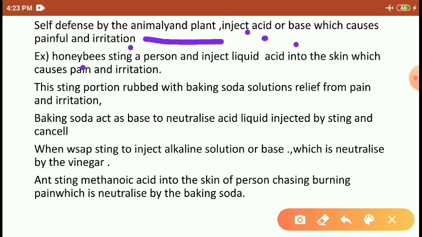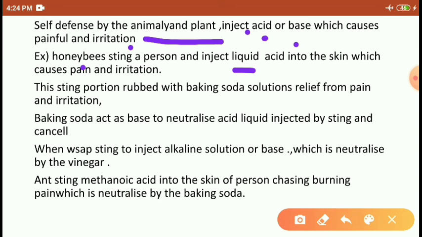For example, honeybees. When a honeybee bites, it injects liquid into our skin. Then our skin swells, the swollen area becomes reddish, and it causes irritation and pain, because it is releasing a kind of acid into our skin. That is why it gives the sensation of pain and irritation.